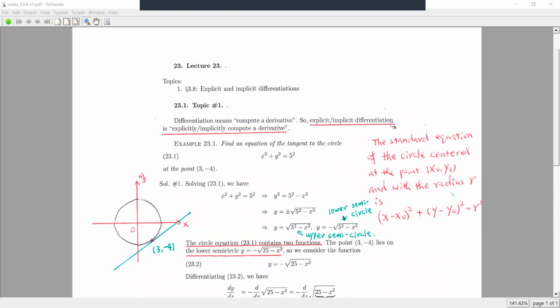Implicit differentiation means implicitly compute a derivative. The following example 1 will help you understand what is explicit differentiation and what is implicit differentiation.